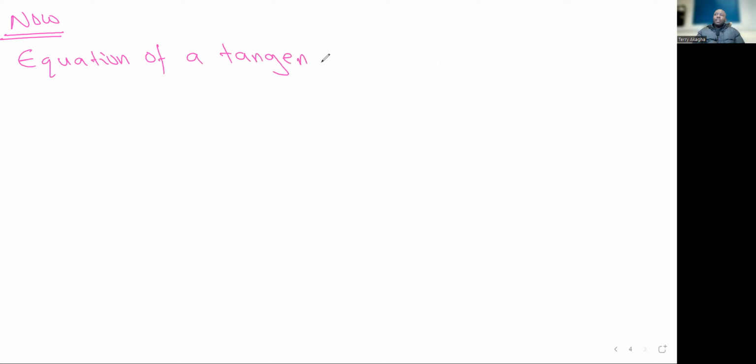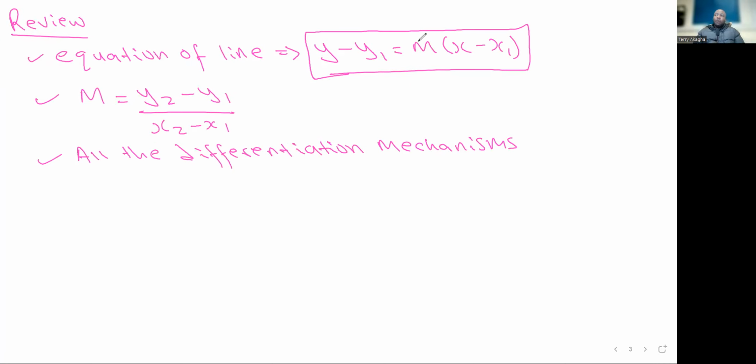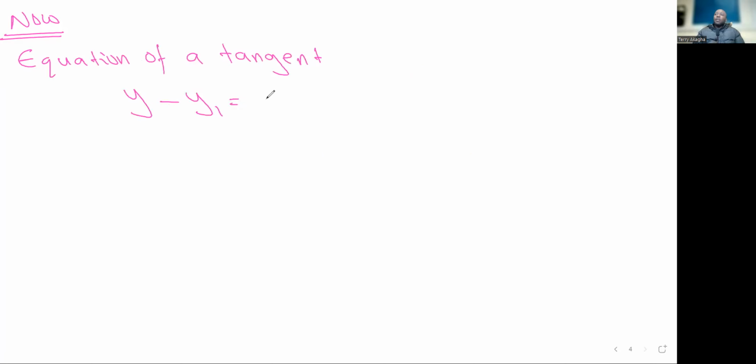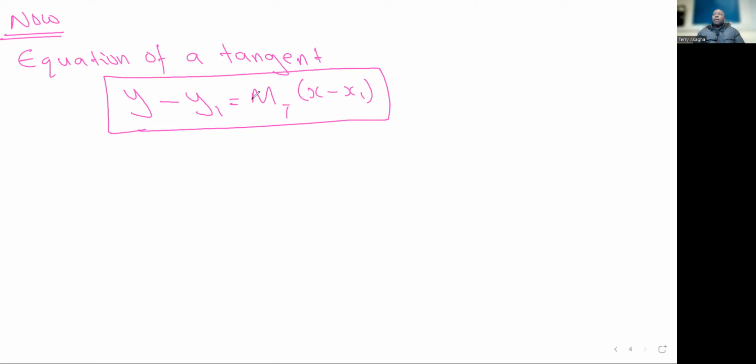It's similar to the equation of a line, but in this case, you have y minus y1 is equal to, instead of m, which you had for the equation of a line, mt times (x minus x1). All right, so this is the equation of a tangent: y minus y1 equals mt(x minus x1), where mt is equal to the slope of the tangent.